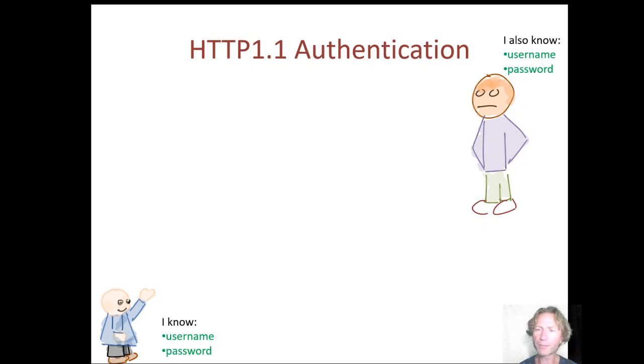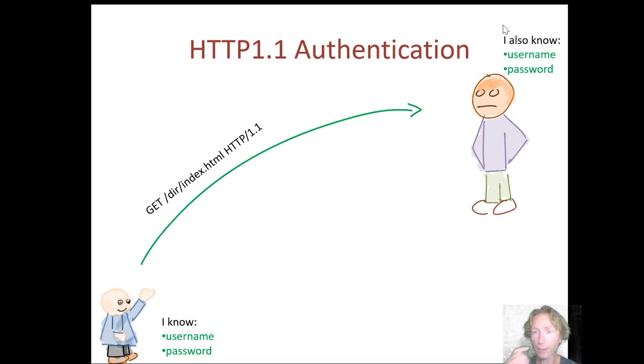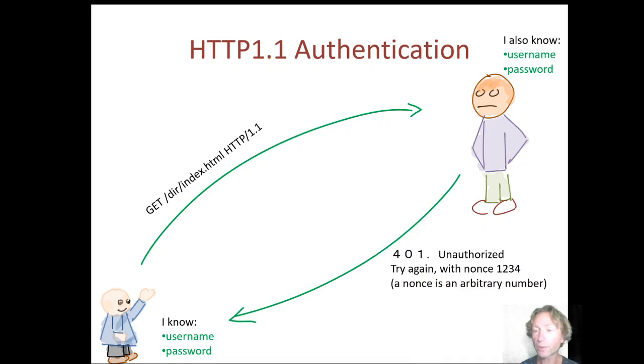So here's the situation. We have a client here with the username and password, and a server that also knows the username and password. The client tries to get access to some document, say index.html, over HTTP 1.1. The server says, sorry, can't do it, 401, unauthorized.